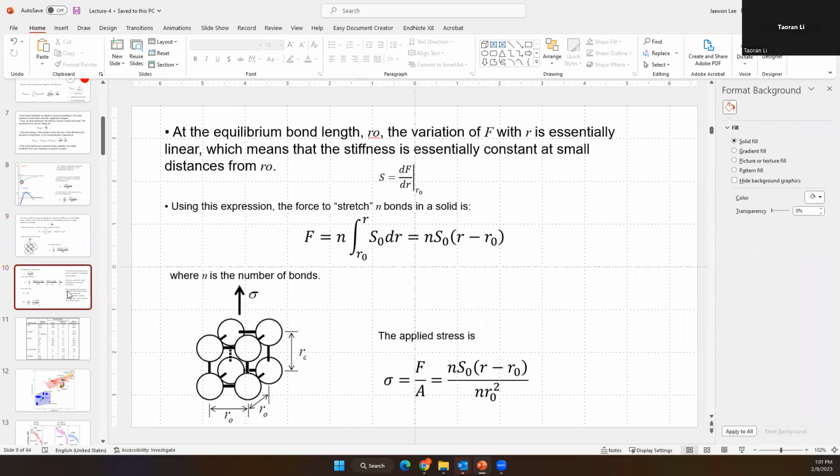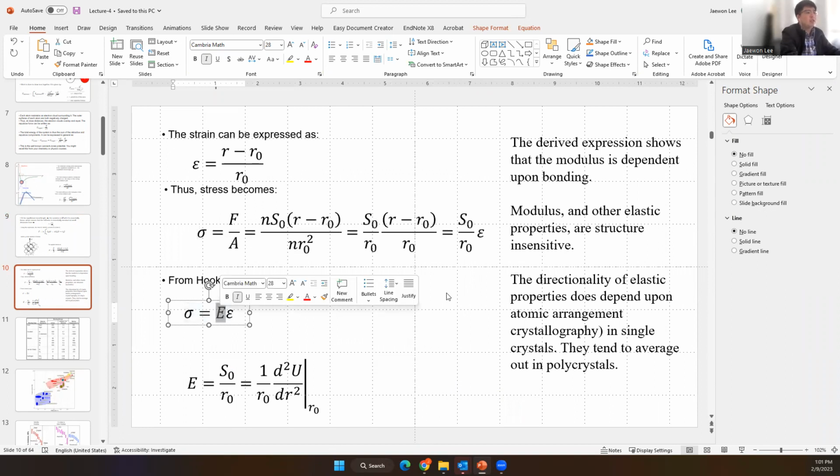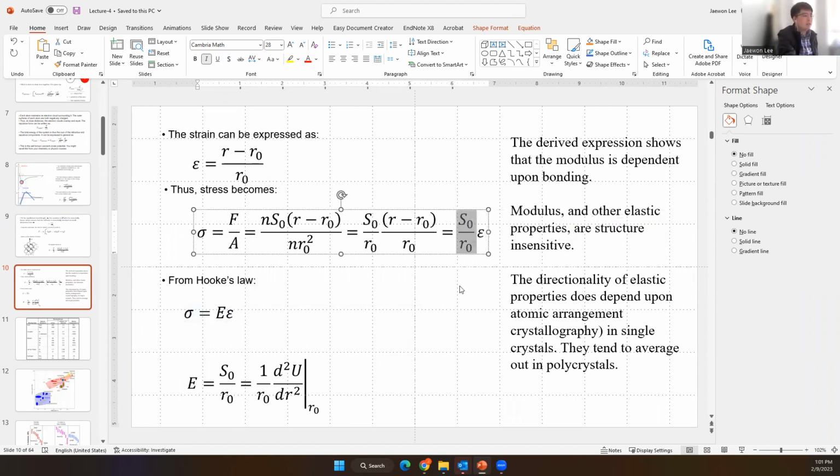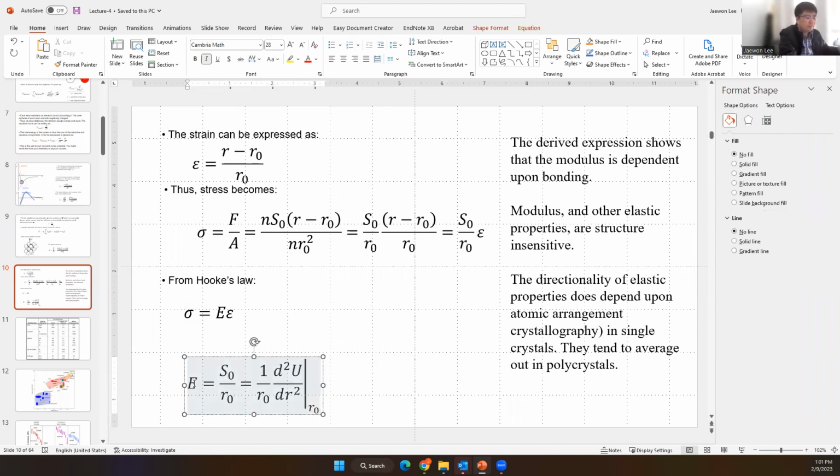Yeah, I understand. So we can derive the equations, this one, and then based on Hooke's law, this one is related to this part. Now the modulus is expressed by S0 over R0, and it is related to the interatomic energies, interatomic force.